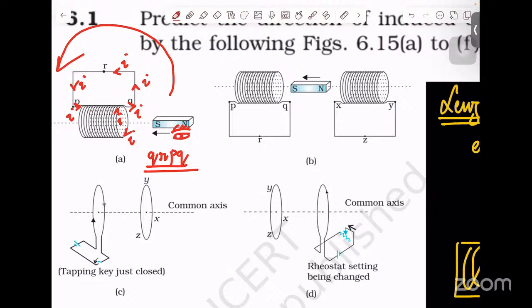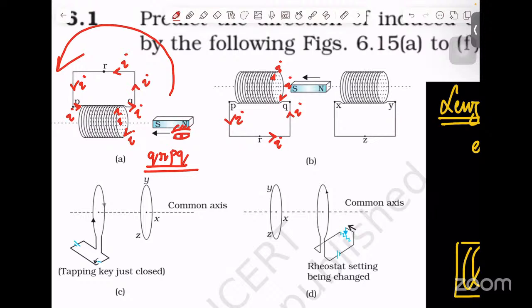So this face should have a current which is in a clockwise sense. While if we look from this side, it should appear as if it's a clockwise current, like this. So in the circuit, we should have a current like this.